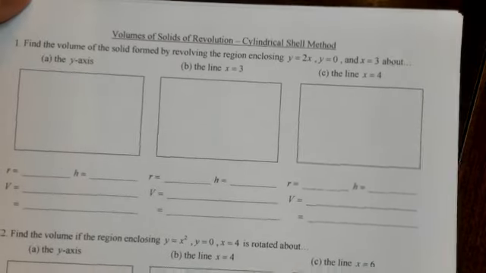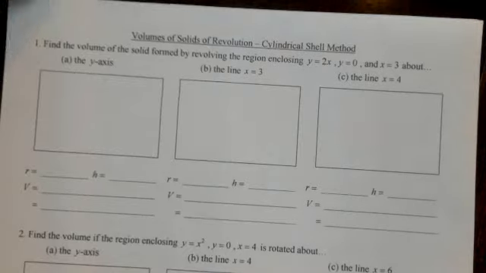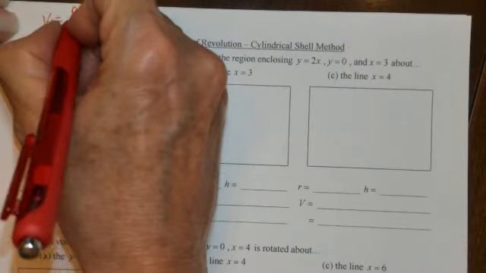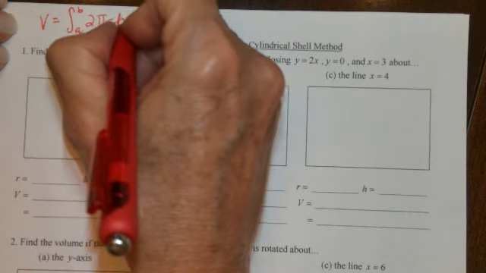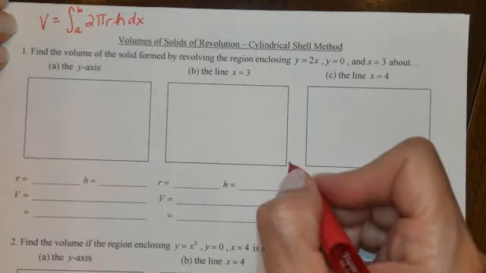Our formula, go to your notes sheets now, our formula that you can put at the top of your sheet here is volume is equal to the integral from a to b of 2 pi r h dx.